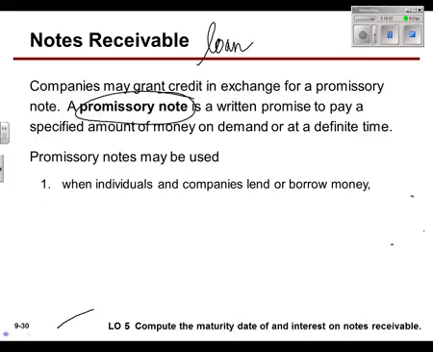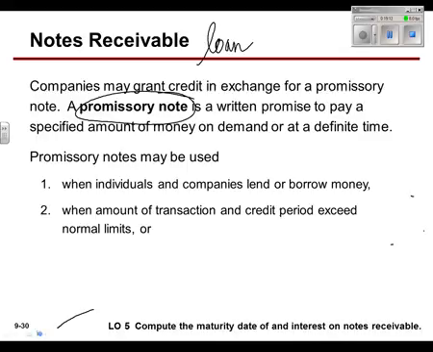When individuals or companies lend or borrow money, when a particular transaction exceeds normal limits, meaning, boy, this is a pretty big one. Instead of you being an AR, we're gonna extend some credit to you, give you a loan or a promissory note, or as an option to settle an AR, which you've kind of been learning throughout.